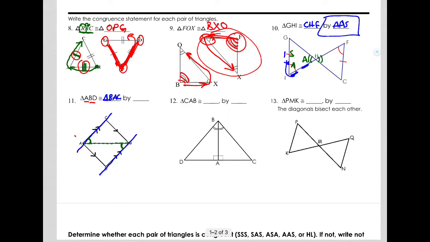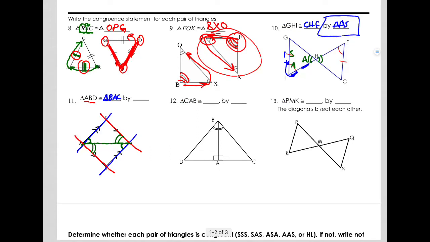So I have another pair of parallel lines here. I'm going to make them red. And the same thing, when we have the parallel lines, the 2 red lines cut by this center line here, then we have a pair of alternate interior angles. So no matter how you look at it, we have 2 pair of alternate interior angles.